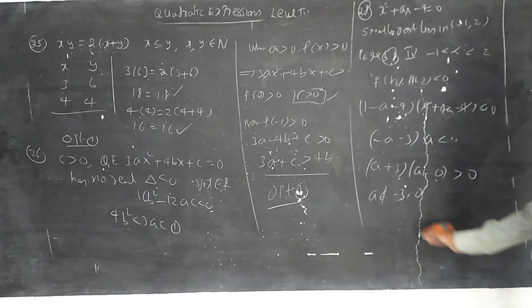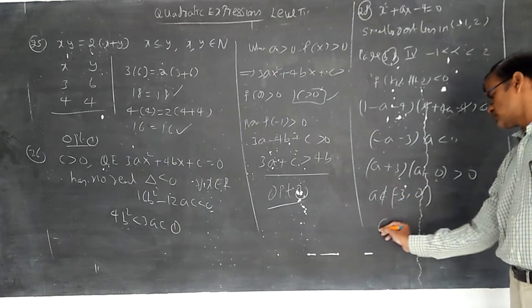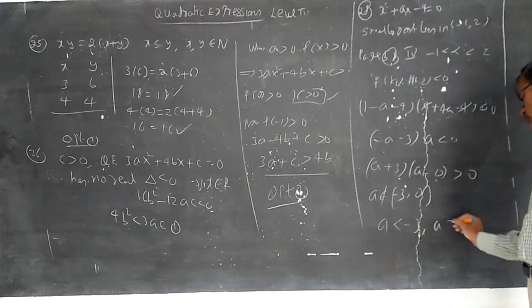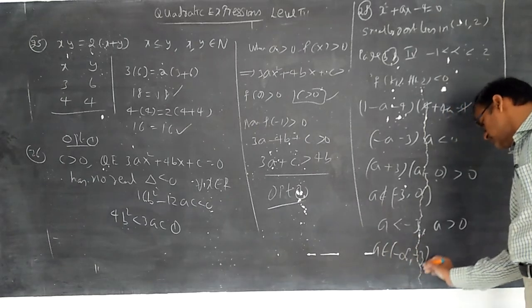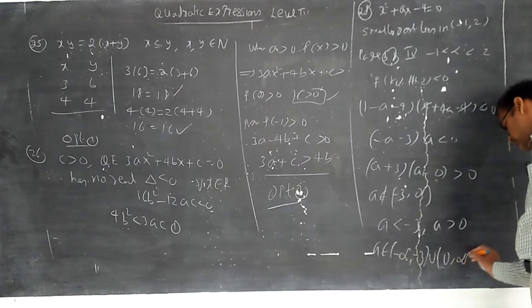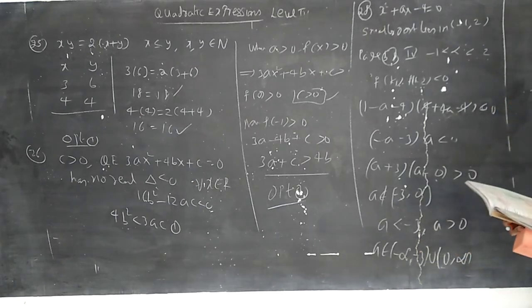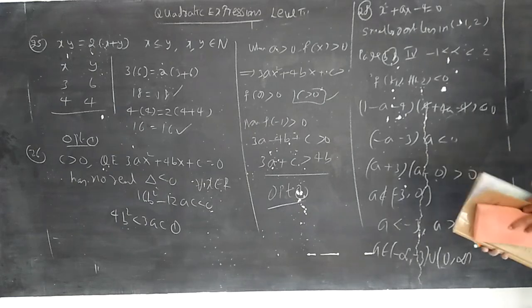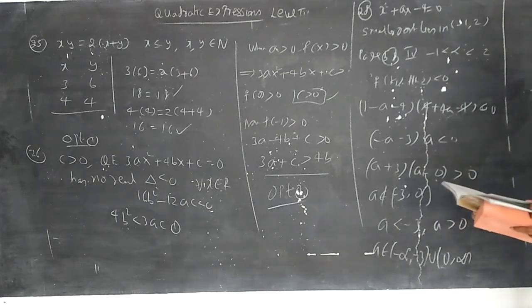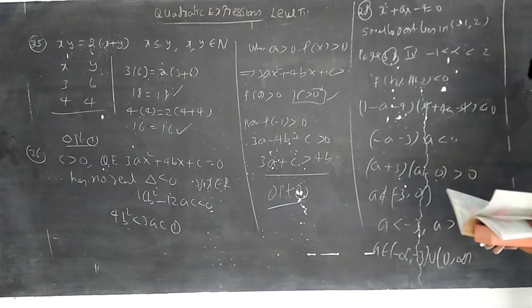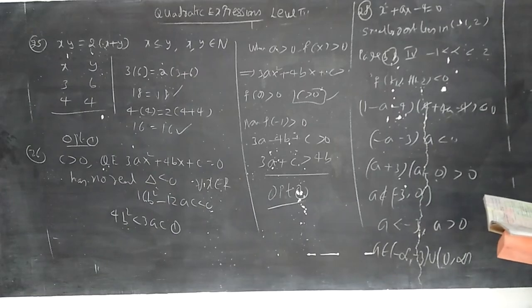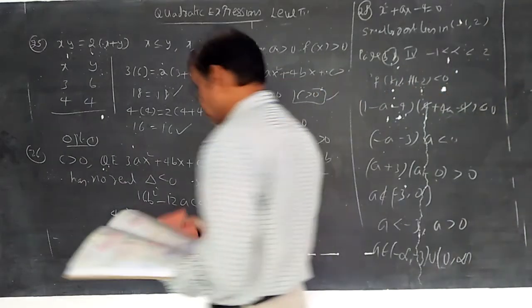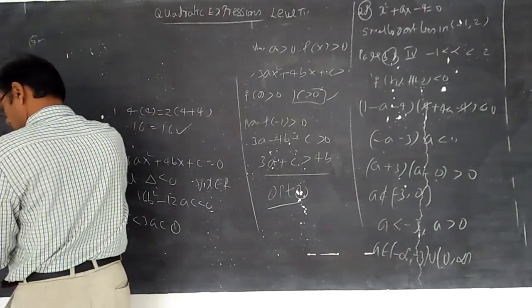So a is less than minus 3 or a greater than 0. So a belongs to minus infinity comma minus 3 union 0 comma infinity. That is exactly the fourth option. He gave the third option, but it is the fourth option.